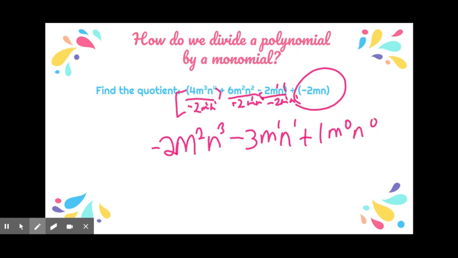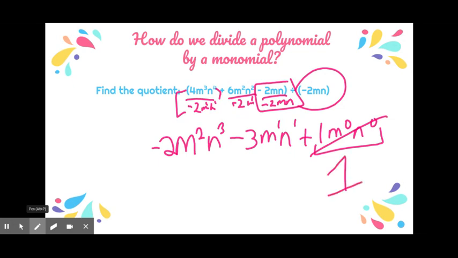Now, how many of you recognize, because it's really hard to see because it's all very congested here. Do you notice that we're dividing this term by itself? So really, I didn't have to write 1 m to the 0, n to the 0. This whole term could have just been written as a 1 because anything divided by itself is 1, but also anything to the 0 power is 1. So both of them work, but if you forget that law that anything divided by itself is 1 and use your laws of exponents, again, you're going to get an equivalent expression.